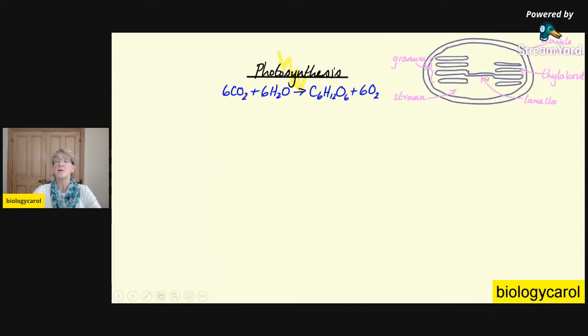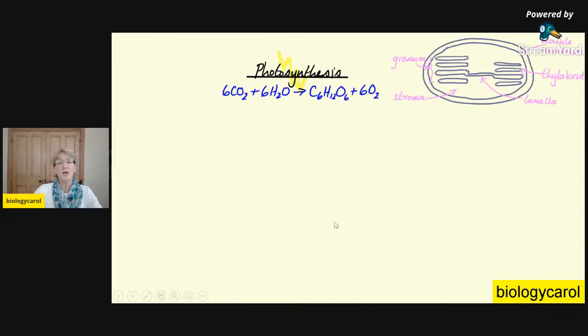And every now and again, you have a plate joining another plate by a bit of membrane called the lamella. And the jelly-like matrix around the granum is called the stroma. Don't be confused. It is called the matrix in the mitochondria, but it's the stroma here.